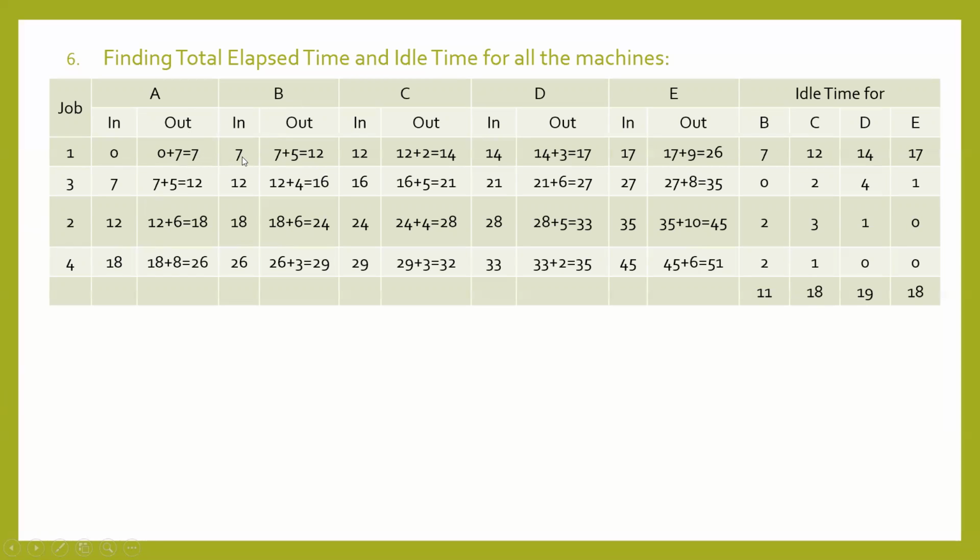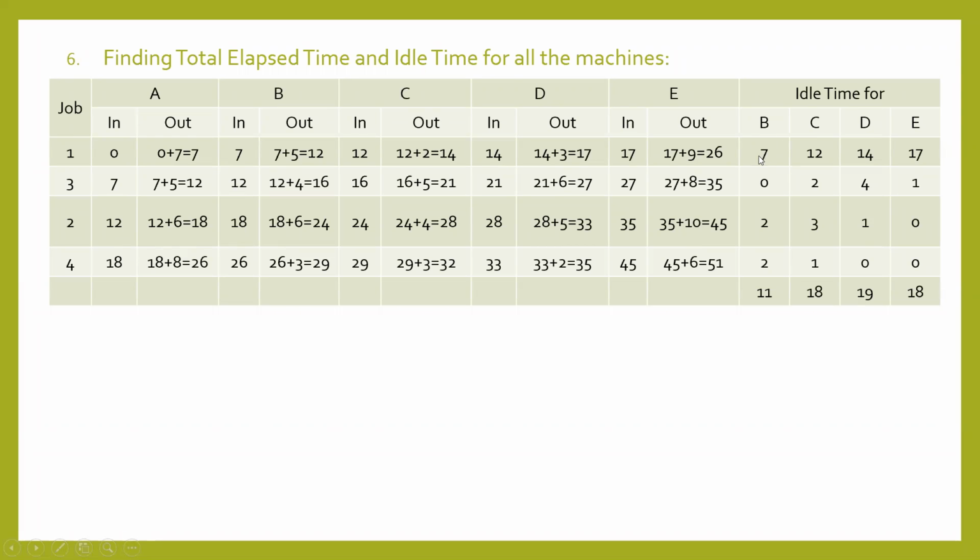That's why 7 is coming here. Clear? 7 plus the processing time, 5, gives you 12. 12 will be the in for machine C. 12 plus 2, which is the processing time for job number 1 on C, gives you 14, which is again the in for D. And finally, 17 is the in for E.